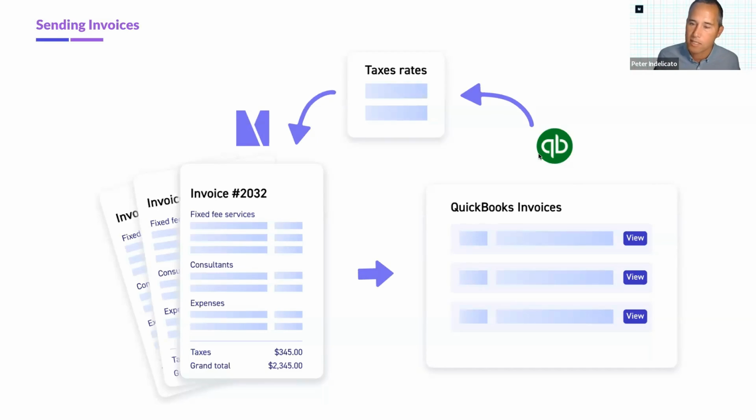We pull your tax rates out of QBO, calculate the tax for you, add it automatically to your invoice so that when you do send that invoice to your client or to QuickBooks, that tax is already there for you. If you send that invoice over to QuickBooks, that tax line item translates very nicely to the QuickBooks tax line items as well. So this area of our integration with QuickBooks is very robust and will save you a lot of time and help you avoid a lot of data entry problems.